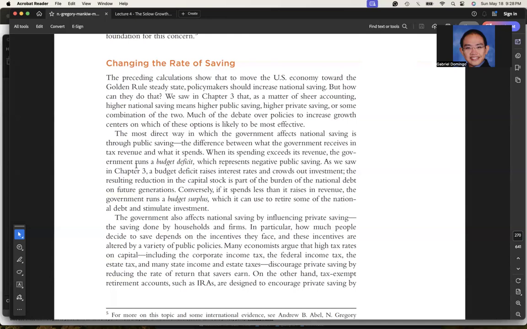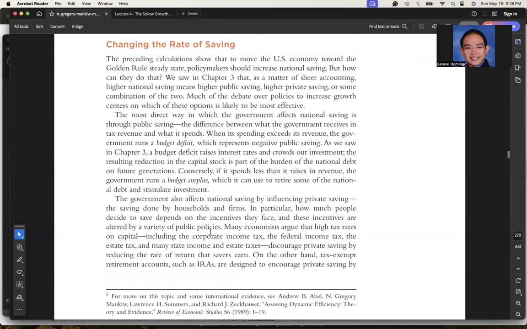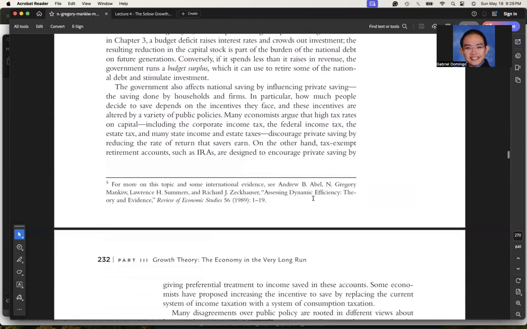And you can change how much the government can save and therefore invest through the appropriate and correct use of its budget. The other side of national saving is private saving. And a lot of what government is doing to influence the rate of saving is by incentivizing saving and incentivizing investment as well, which is a similar concept.